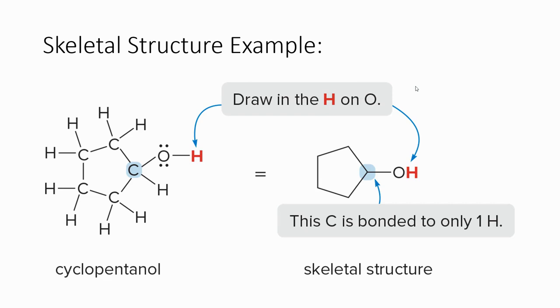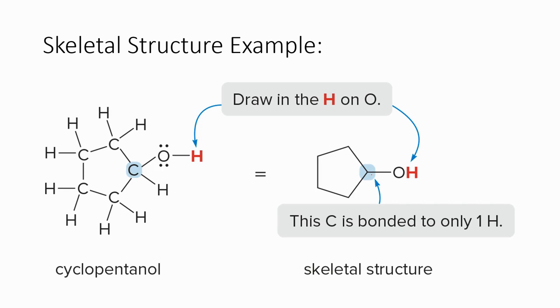This is an example with a heteroatom. We have cyclopentanol. Notice our corners are all carbons. This corner is bonded to oxygen. We do draw the hydrogen on the oxygen, but we don't draw the lone pairs. The other thing you need to recognize is that this carbon here is a corner, so that's a carbon.